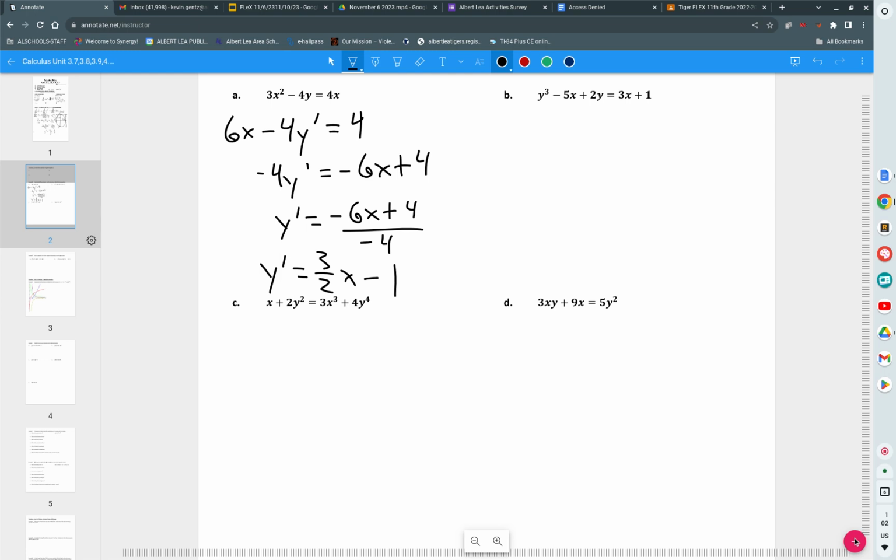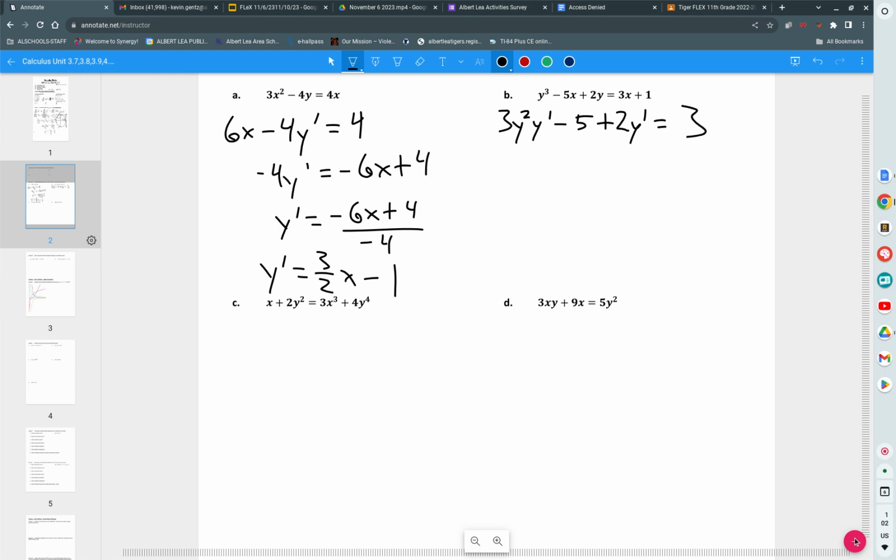The derivative of y cubed is? Good. 3y squared times y prime. The derivative of negative 5x? Negative 5. Derivative of 2y? 2y prime. Derivative of 3x plus 1 is 3.